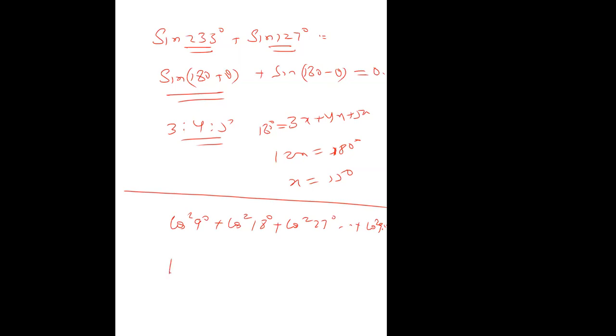So 9 degree and 81 degree gives 1. Similarly, 18 degree with 72 degree is 1, 27 and 63 will be 1, and 36 and 54 will be 1, and one is left, cos square 45. So 1, 2, 3, 4. 4 plus this will be 1 by 2, so 9 by 2.